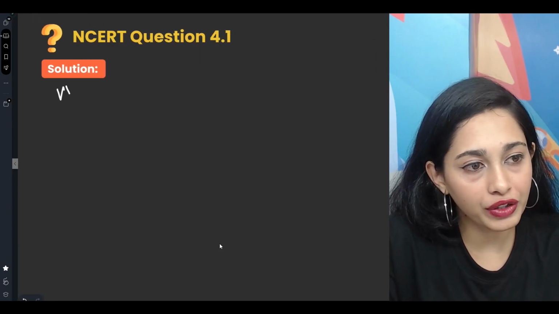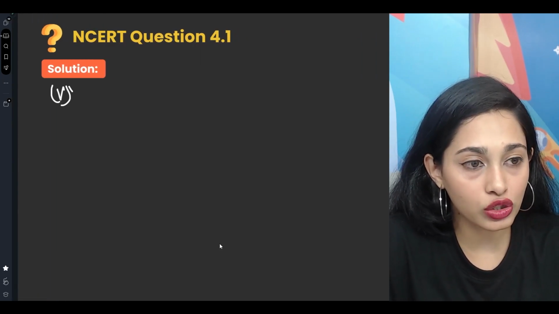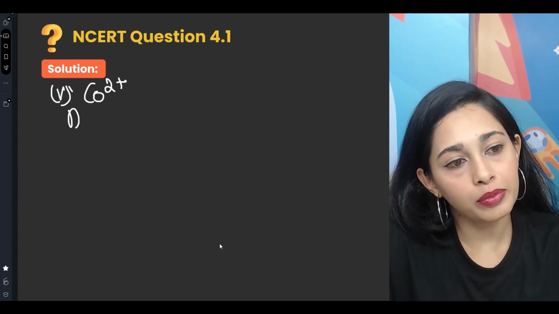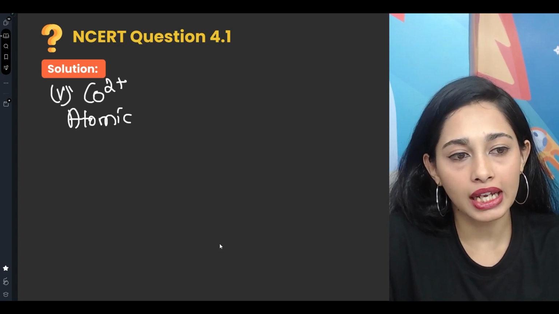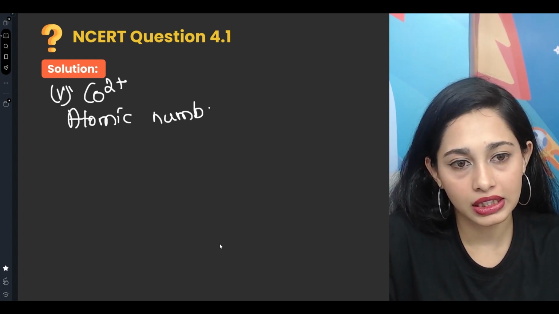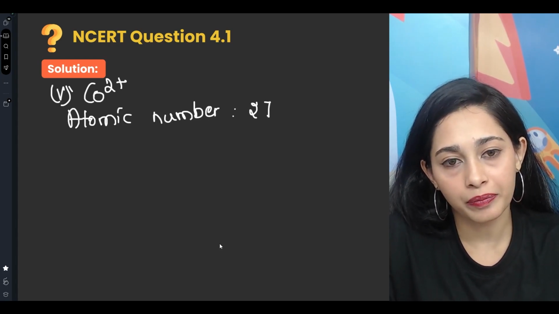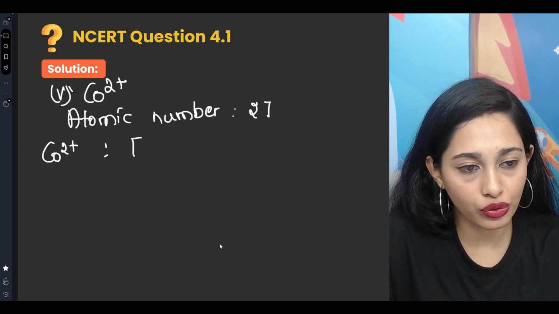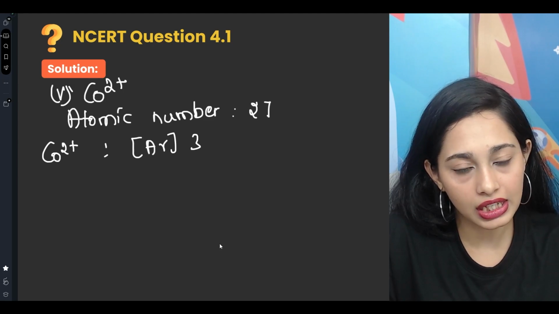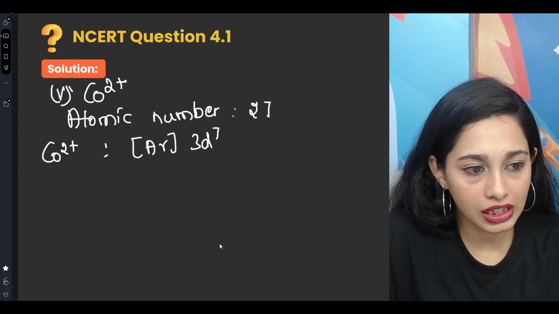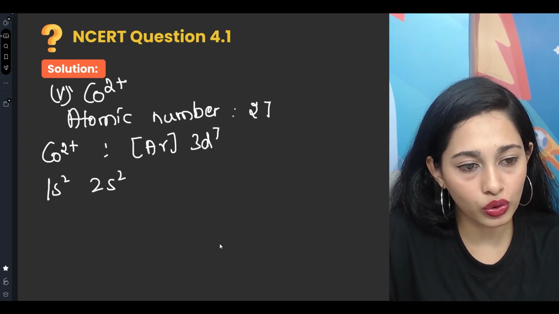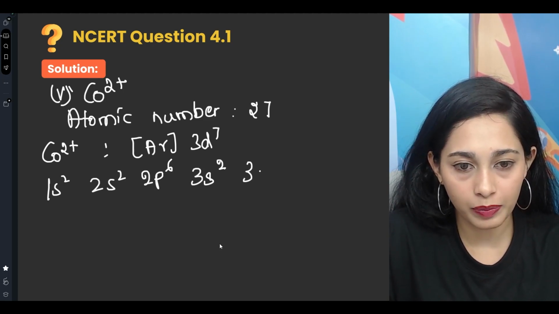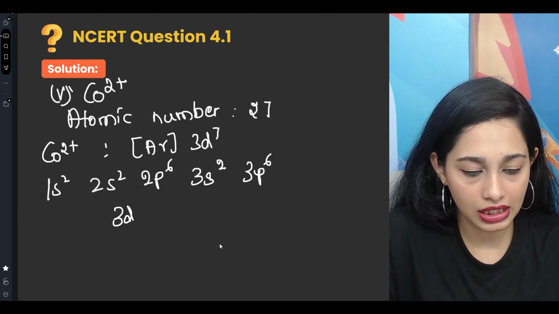Moving on with the fifth one. It is cobalt 2+. The atomic number of cobalt is 27. So for cobalt 2+, its electronic configuration is going to be argon 3d7. In detail, 1s2, 2s2, 2p6, 3s2, 3p6, 3d7.